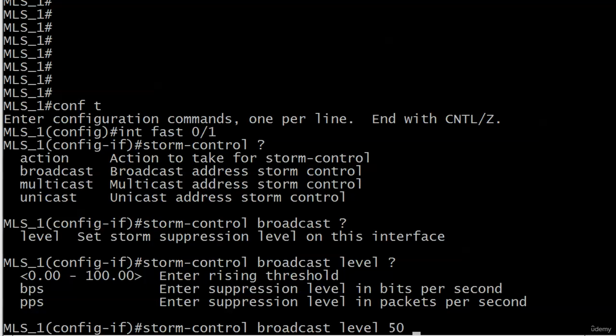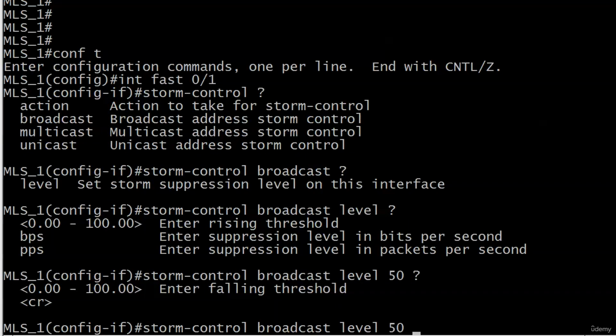So let's go ahead and look at the next value. The next one is falling threshold. Enter falling threshold. But also notice we have a CR there. So storm-control broadcast level 50 is a legal command on its own. We know the falling threshold makes perfect sense: that is the threshold at which action will no longer be taken.